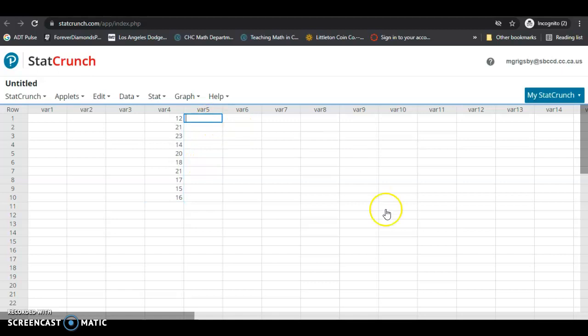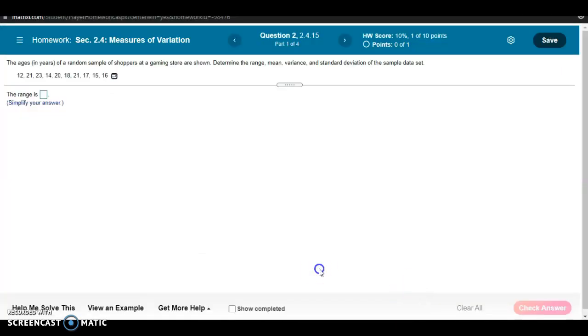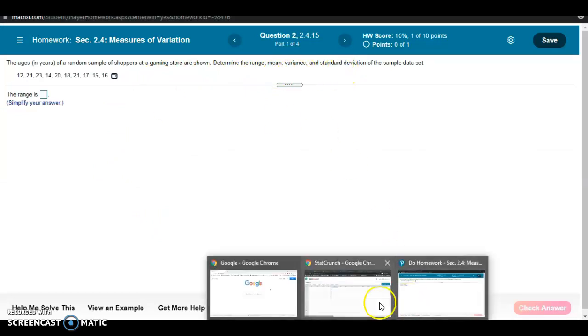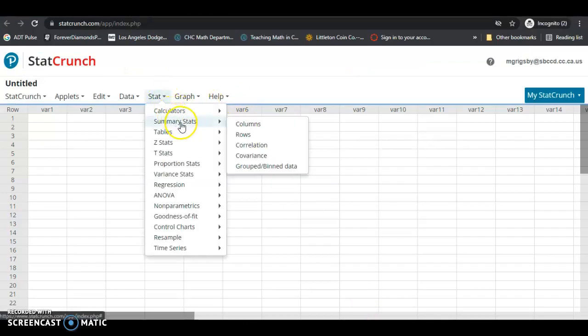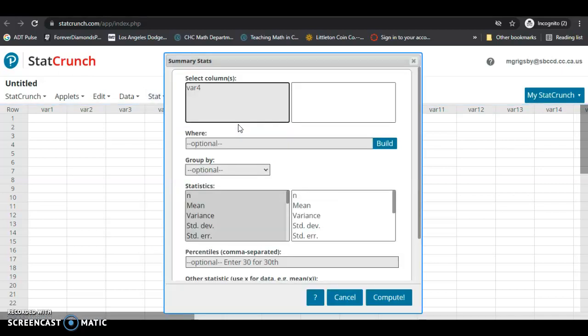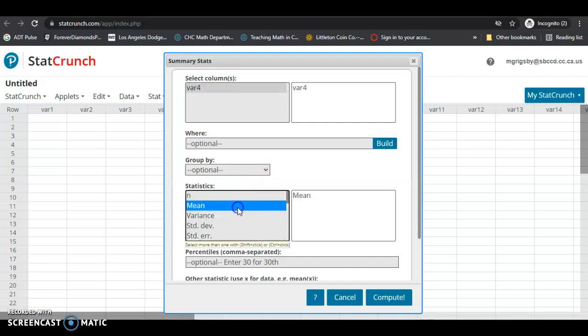So what we want is the range, mean, variance, and standard deviation of this data set. We're going to go to the Stat menu, go to Summary Stats, and because our data are in a single column, we're going to select Columns. Select the column that contains the data, and we want the mean, variance, standard deviation, and the range.